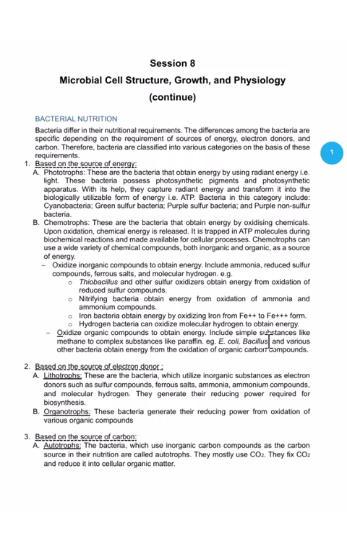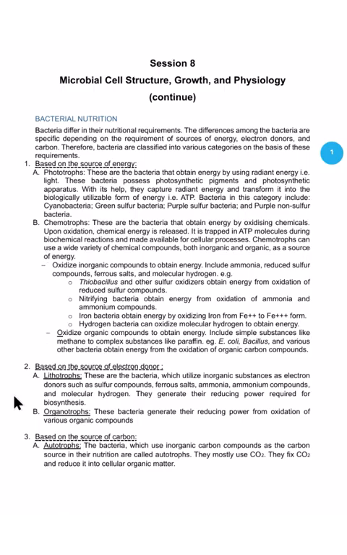Examples are Escherichia coli, Bacillus, and other types of bacteria that oxidize organic carbon compounds to produce energy and store it in the cell for synthesis of the nutritional requirements. So this is based on the source of energy.